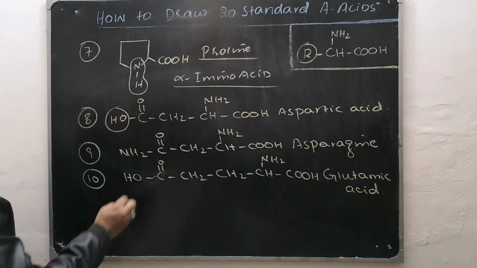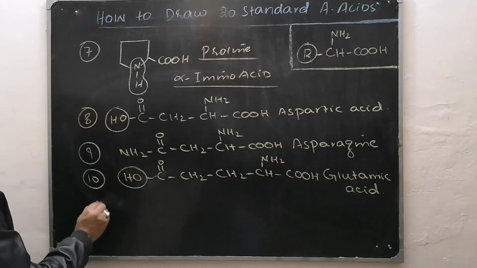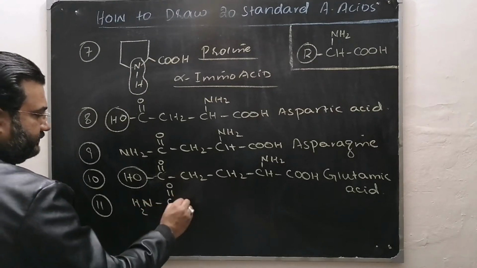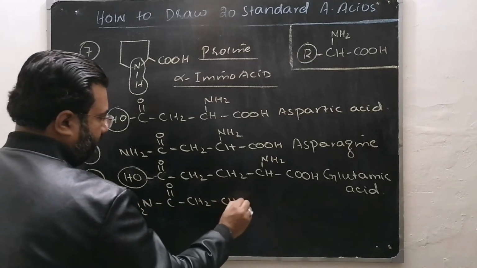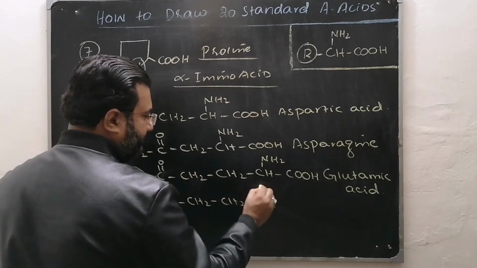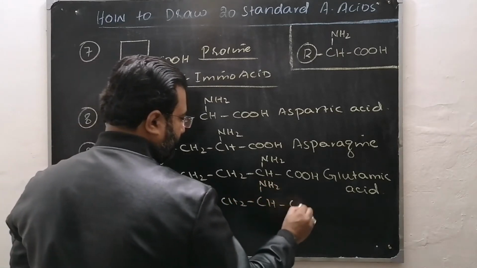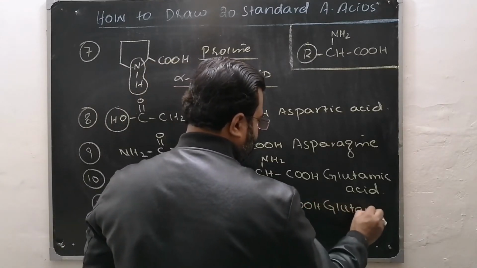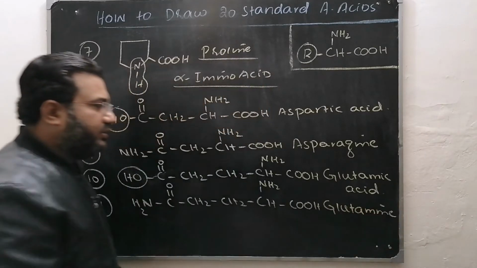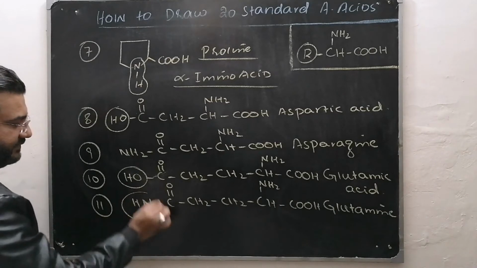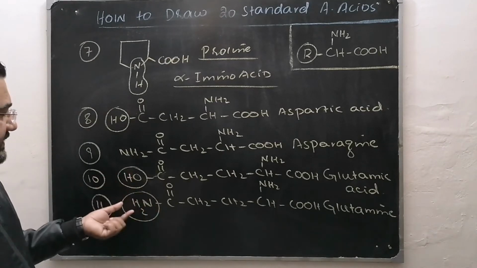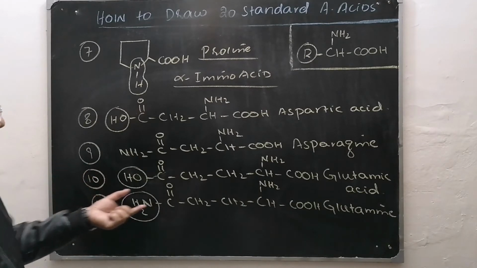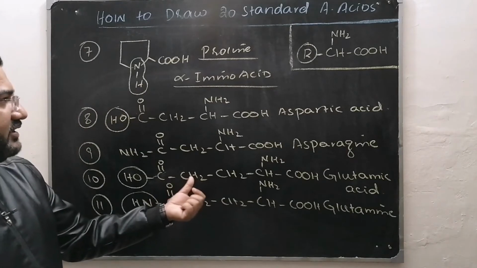And dear students, if you replace this OH of the glutamic acid with an NH2 group, the remaining structure will remain the same. Then this one will be called glutamine. So the only difference between glutamic acid and glutamine is this OH and NH2 group. So this one is glutamine and here is the structure of glutamic acid.